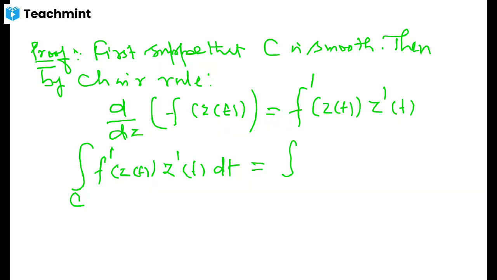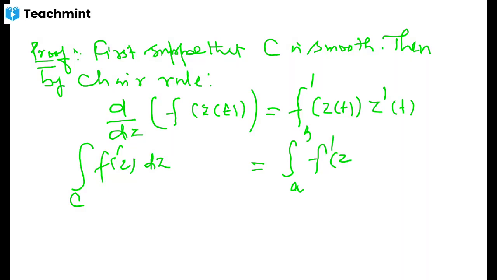No, why am I writing this? I'm just writing it wrong. It has to be just the integral of f'(z) dz, and this has to be the integral from a to b of f'(z(t)) z'(t) dt.